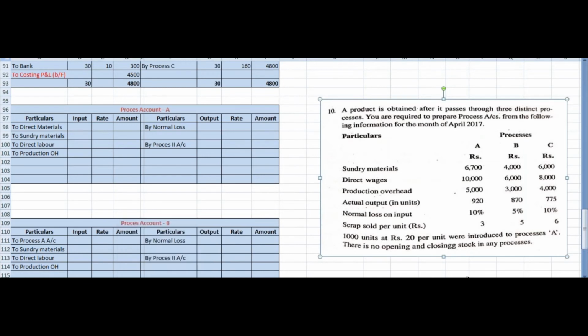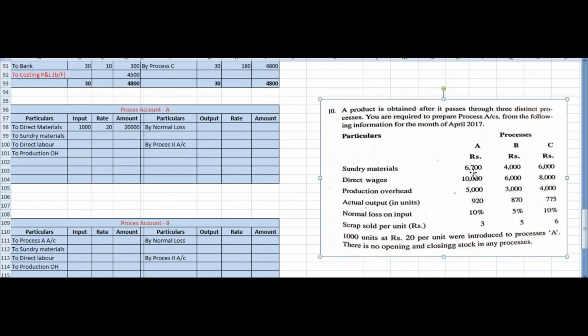First, debit side. The introduced units are direct material, 1000 units into 20, that is 20,000 in the amount column.